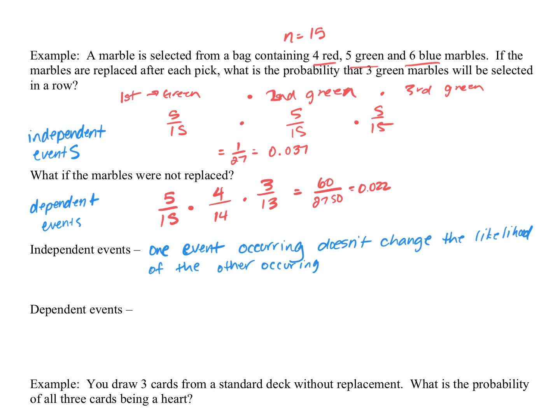And no matter what, knowing that this one was green changes the likelihood of this one to be green. Is this okay? All right. So dependent events, one event occurring changes the likelihood of the other occurring.